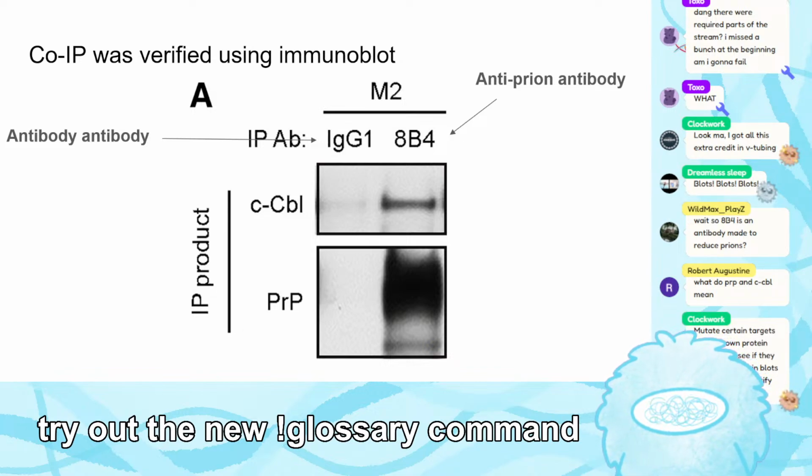What do PRP and CCBL1 mean? So CCBL, you can actually do exclamation point glossary to get a definition of that, but the PRP refers to the prion protein, CCBL refers to this protein that is a protein destroyer. So CCBL is a protein that attaches a ubiquitin tag to a protein and marks it for destruction.